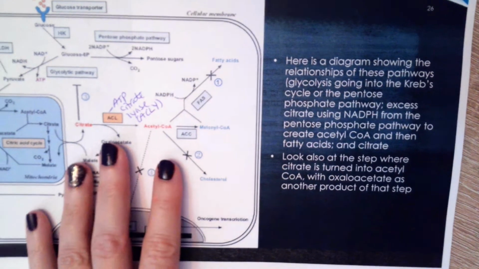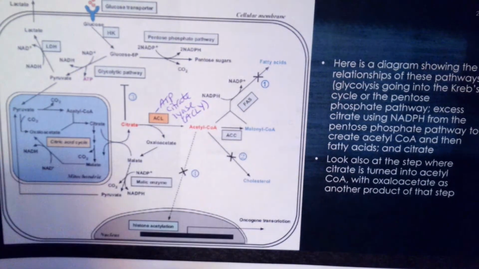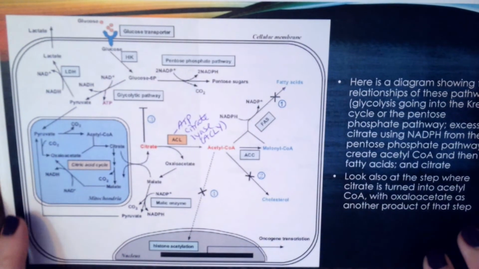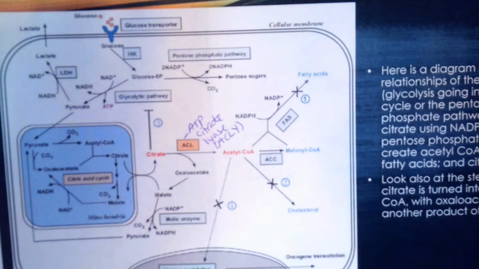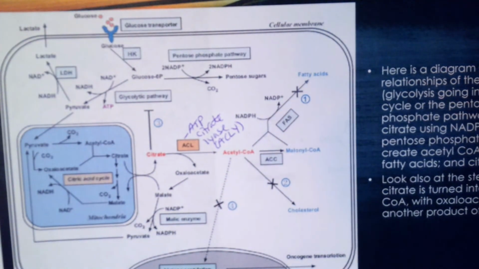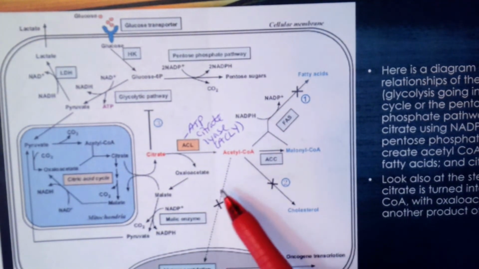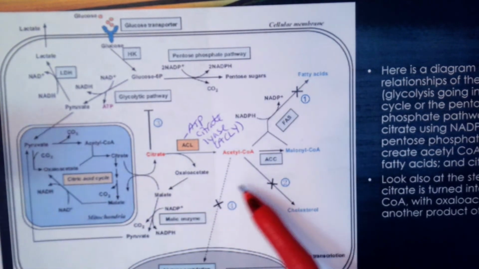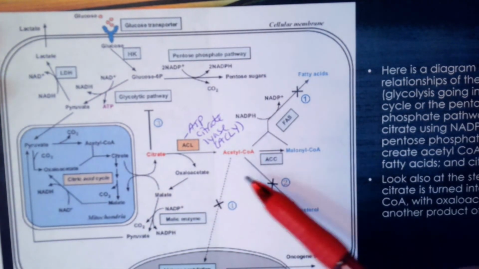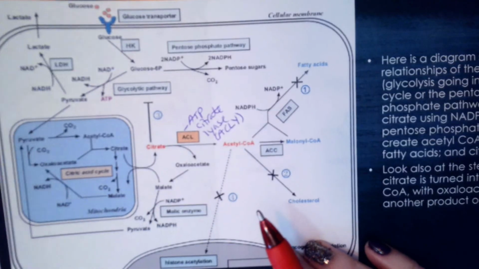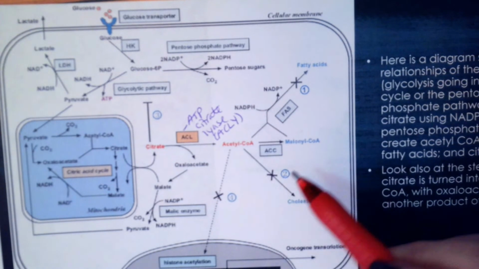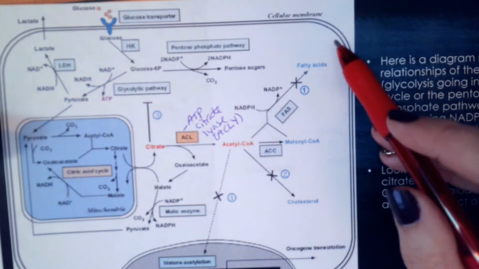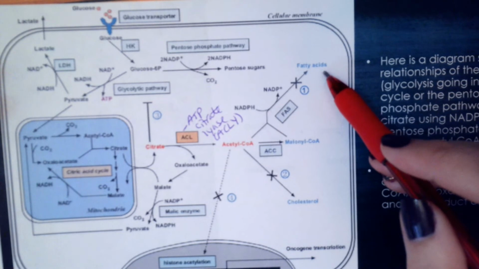Okay, so here is a diagram that goes into a little more detail, focusing specifically on how we are using the NADPH along with the pentose phosphate pathway, and then getting our acetyl-CoA, starting to get into the specifics of making our fatty acids.